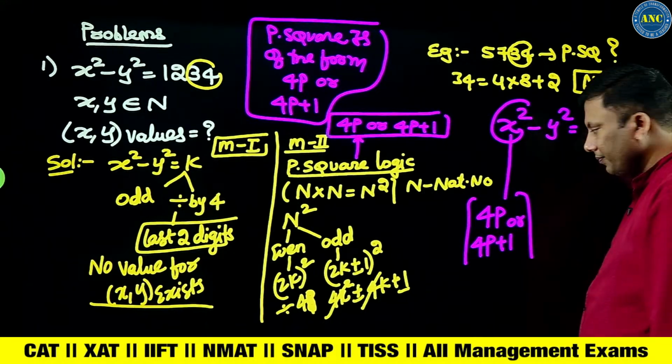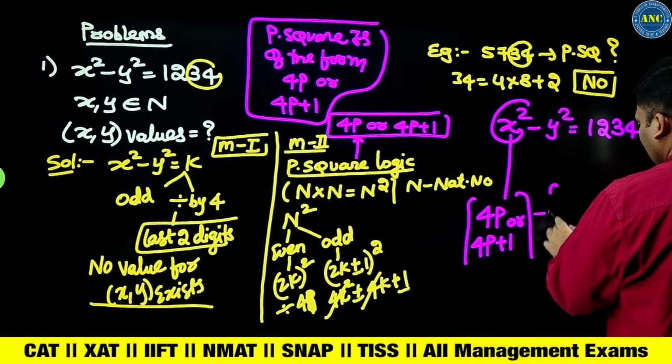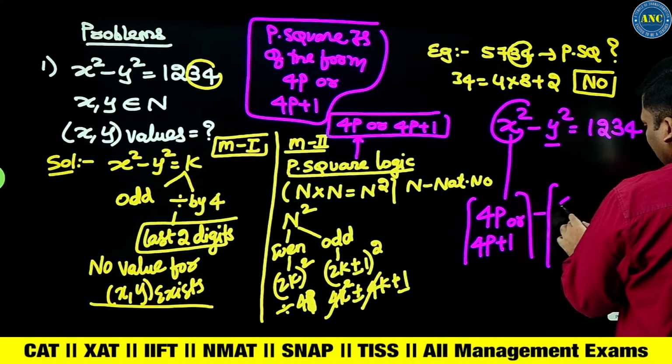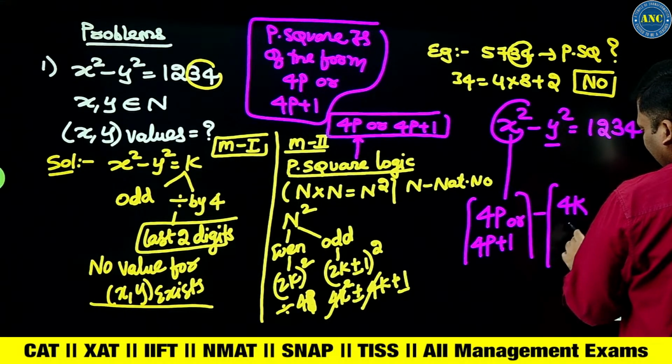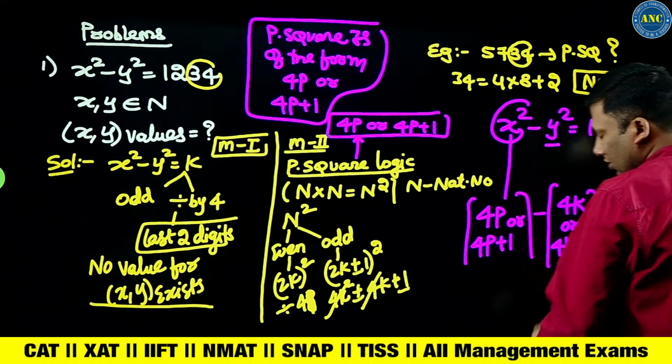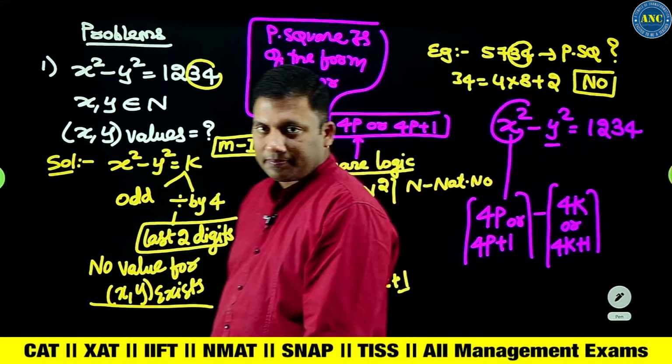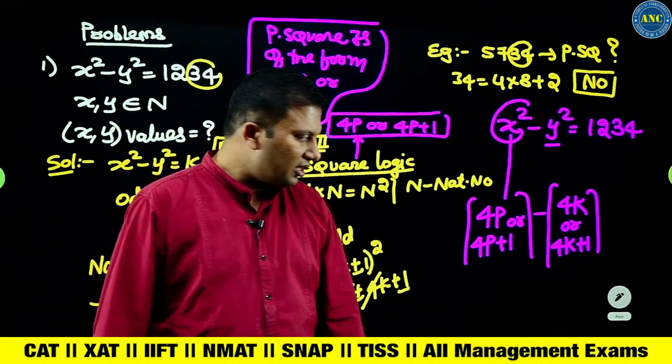Idea clear? Y square is also a perfect square, perfectly divisible by 4 or it gives a remainder 1. These are the possible cases.